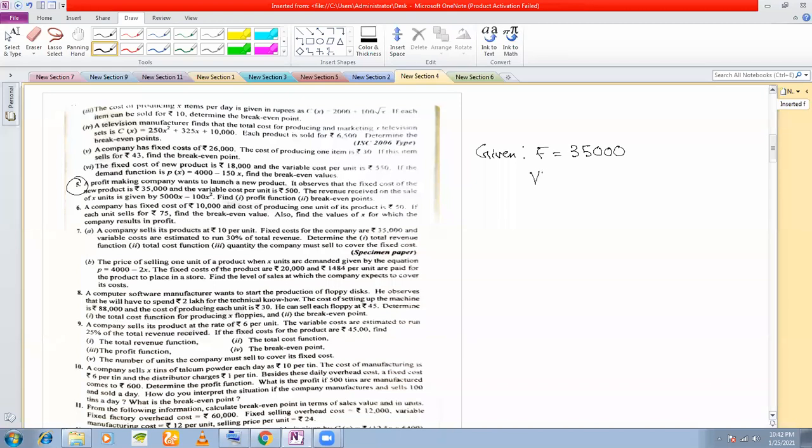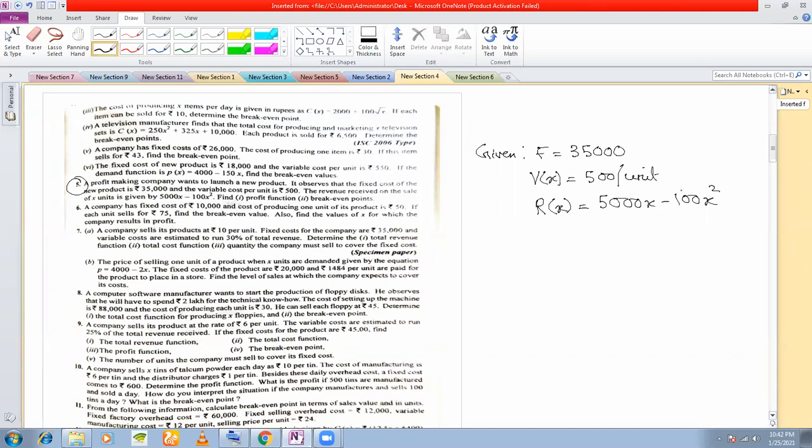The revenue received on the sale of X units is given to be 5000x minus 100x squared. So what is the revenue function given? 5000x minus 100x squared. Question is find the profit function, and second question is find the break-even point.